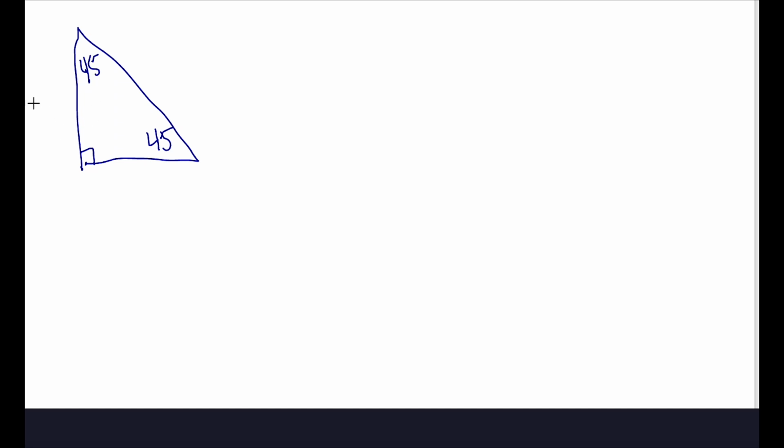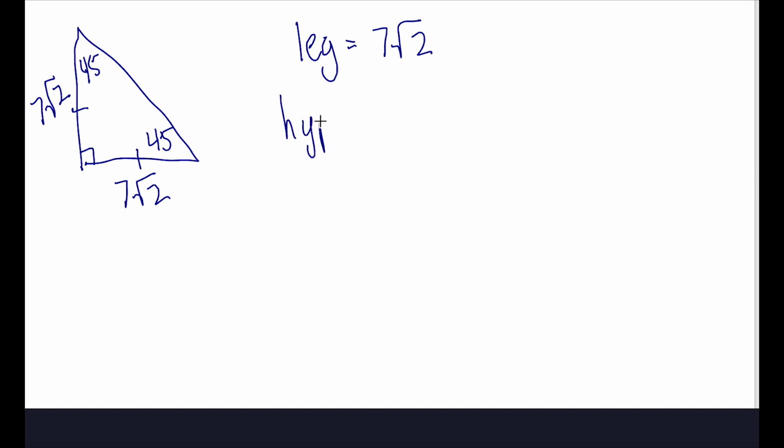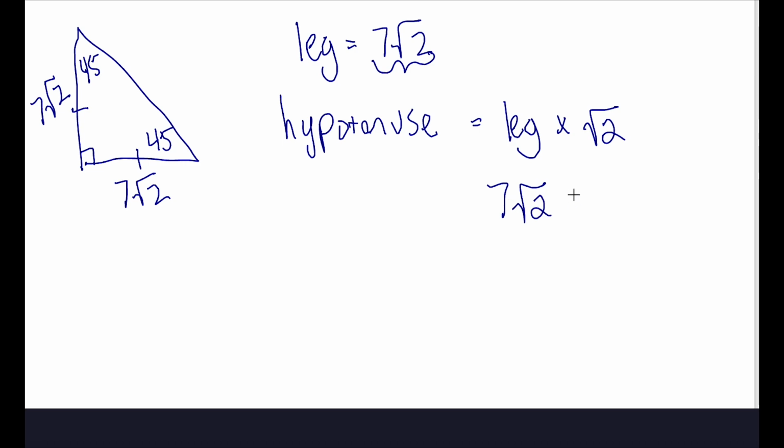If I'm given a leg that is 7 root 2, well, the legs are equal, so both of them are 7 root 2. But remember, the hypotenuse equals the leg times the square root of 2. If I replace the leg with 7 root 2, I get 7 root 2 times root 2.